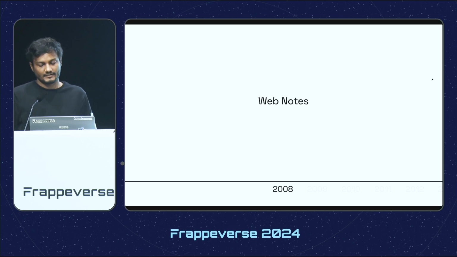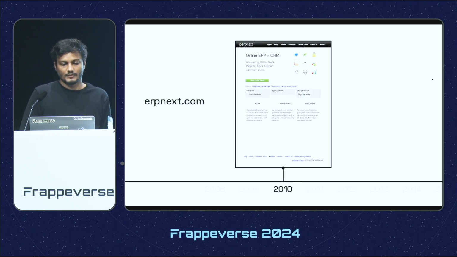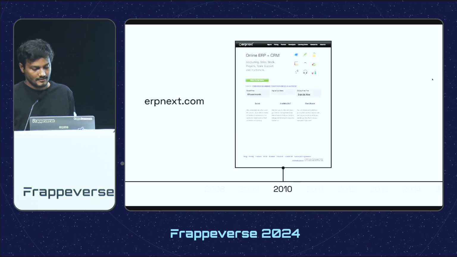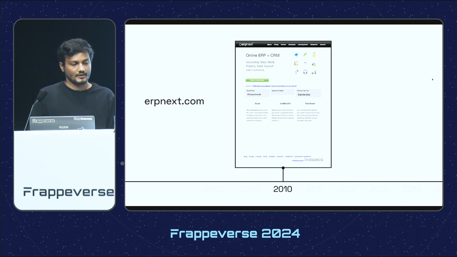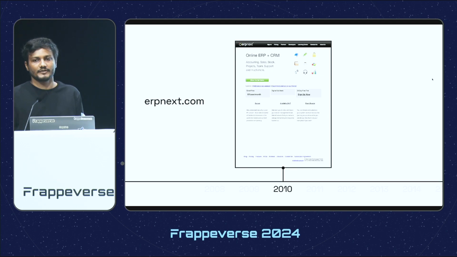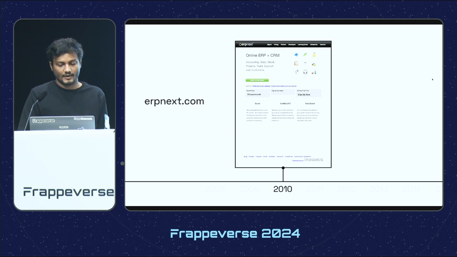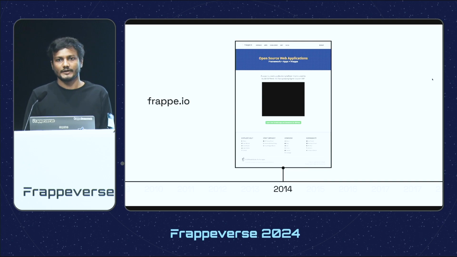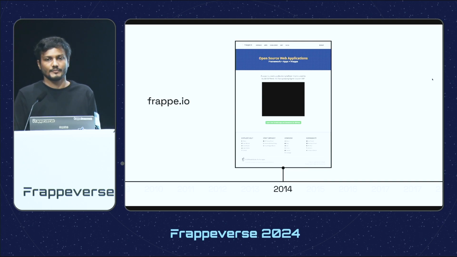There was no website at this point. But fast forward to 2010, we have a website for our product, which is ERP Next. And this is the era of glossy buttons and glossy navbars. So finally, in 2014, Web Notes was renamed to Frappe and the company got its own website.